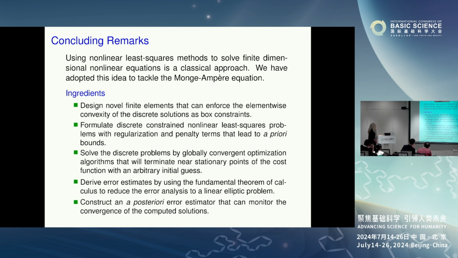First of all, we design novel finite elements that can enforce the element-wise convexity of the discrete solutions as box constraints. We formulate discrete constrained nonlinear least squares problems with regularization and penalty terms that lead to a priori bounds. We solve the discrete problems by globally convergent optimization algorithms that will terminate near stationary points of the cost function with an arbitrary initial guess.